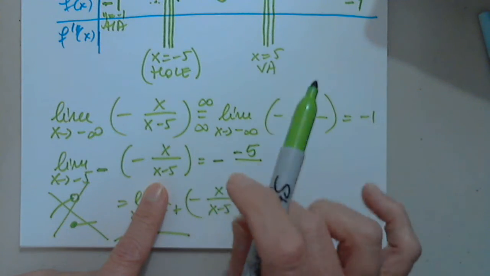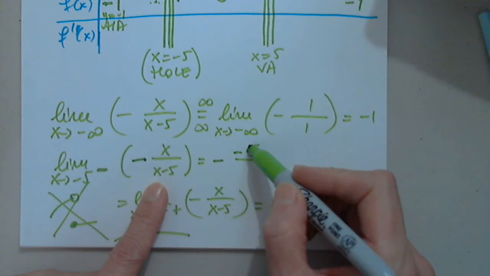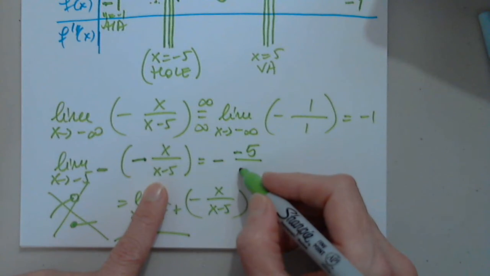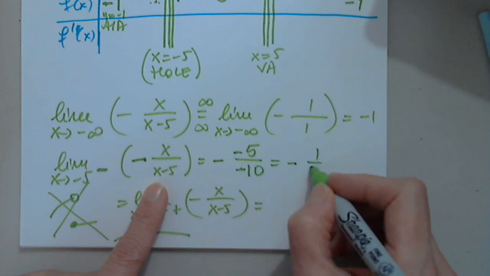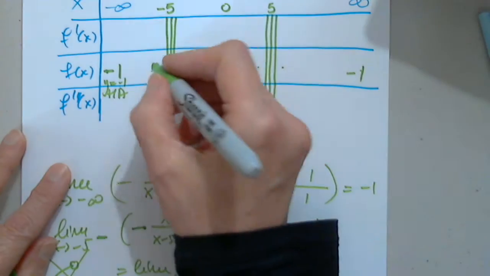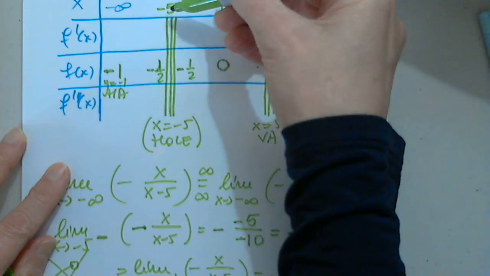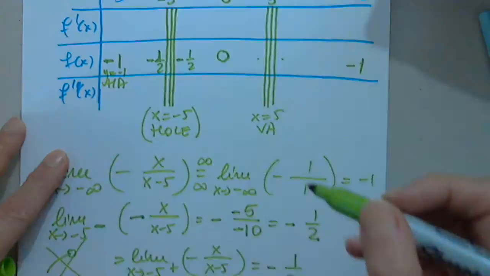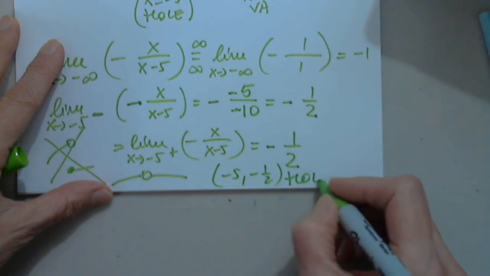So the sign is in front. The numerator is -5. What about the denominator? Right, it's -10. Three negatives, -1/2. This has to be -1/2. Plug it in, it has to be the same. -1/2, -1/2. The hole will be -5, -1/2. This is the hole.